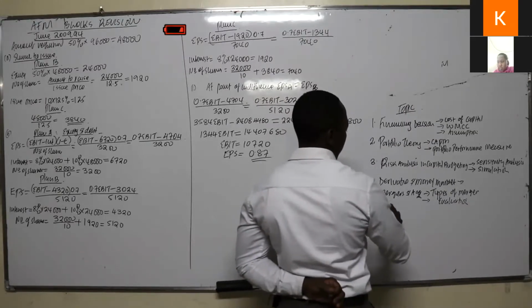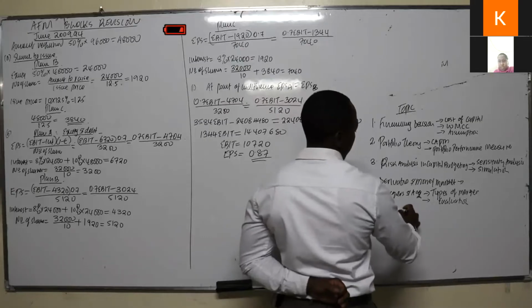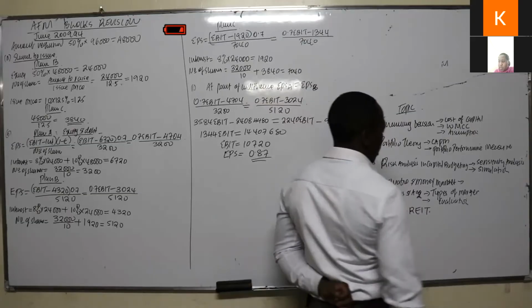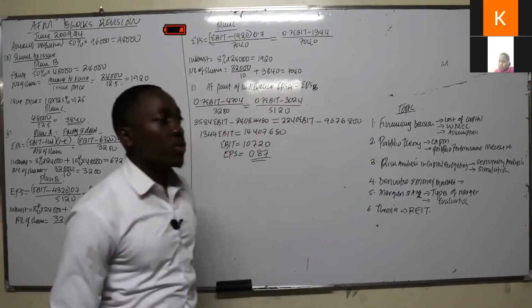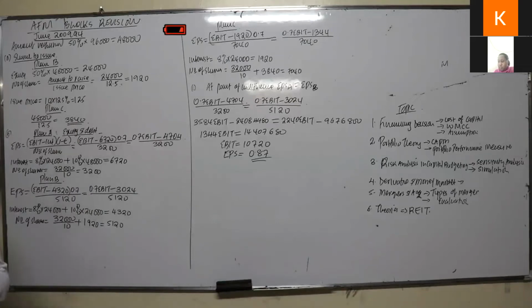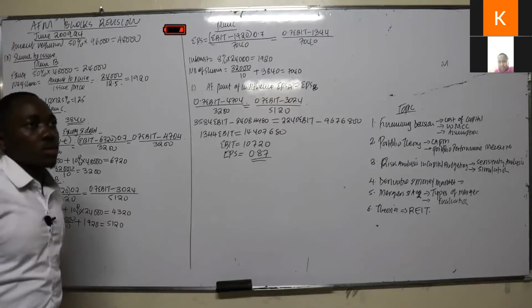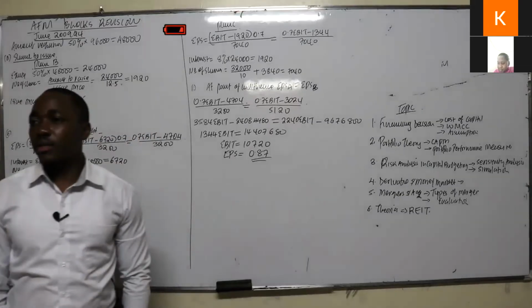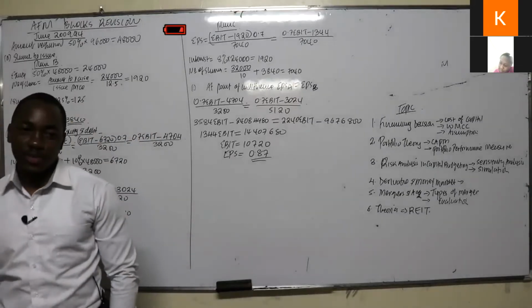And then theories. You have REITs. That's real estate accounting. You have the notes in your handout. Actually, the last pages. And then emerging issues, cryptocurrency. Now, what is cryptocurrency? Bitcoin. Those are emerging issues.